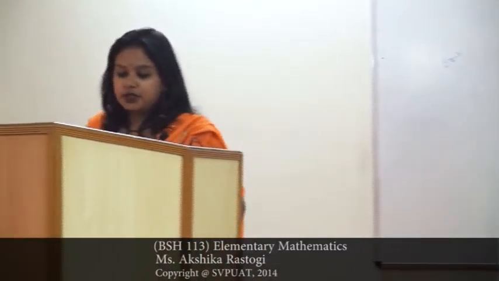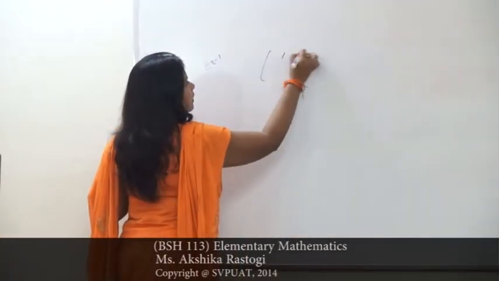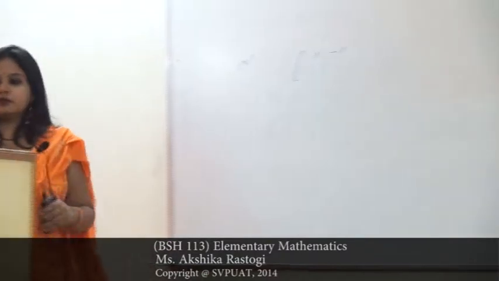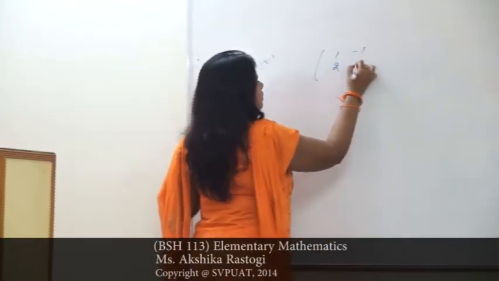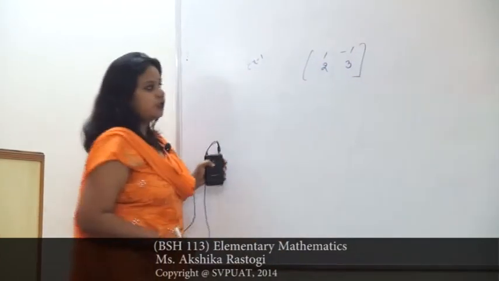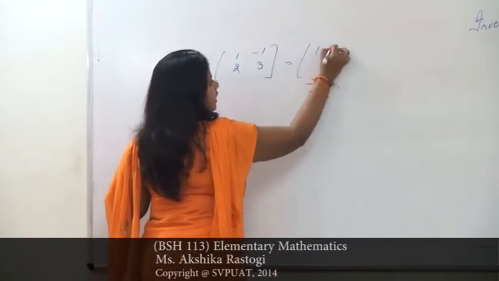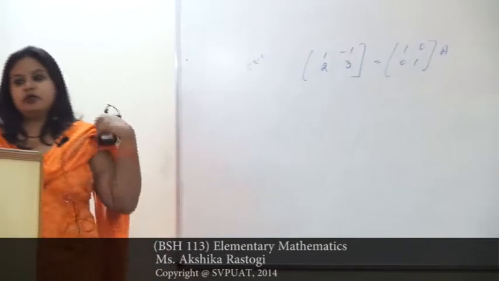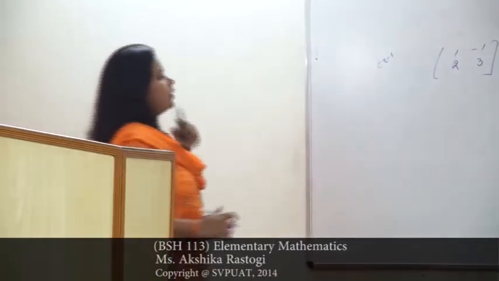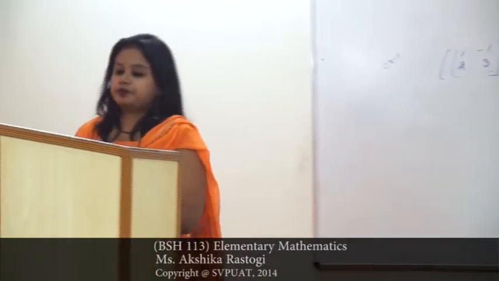Our first example is the matrix with rows 1, minus 1 and 2, 3. According to the procedure, we put this matrix as identity matrix into A, and we move in the row direction for making this a unit matrix.